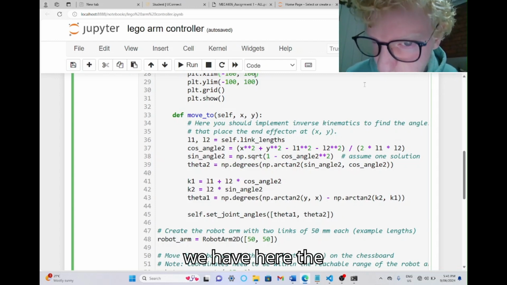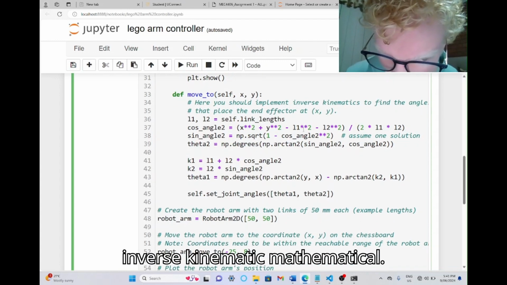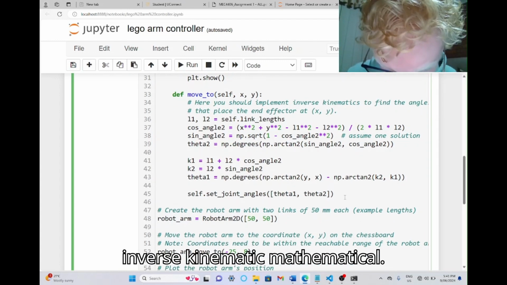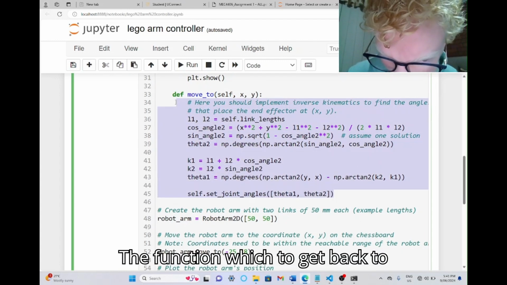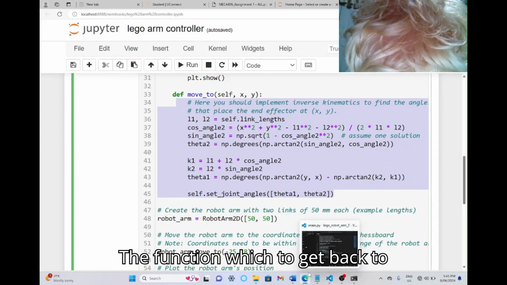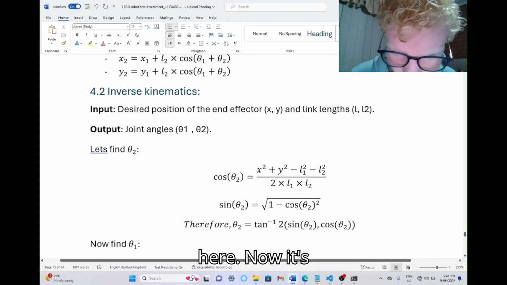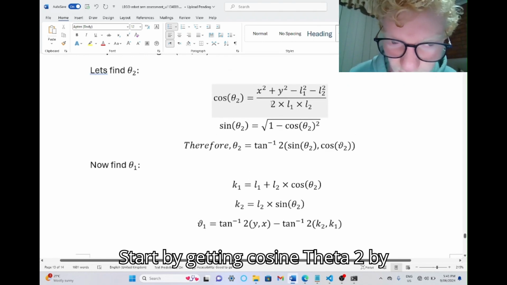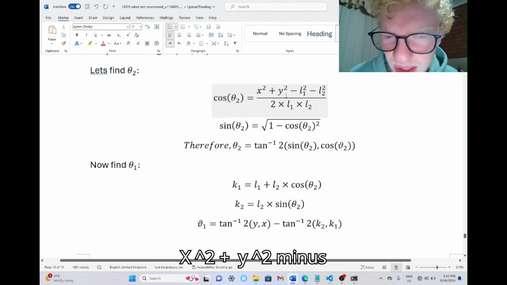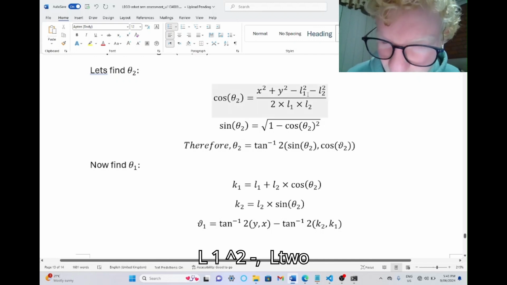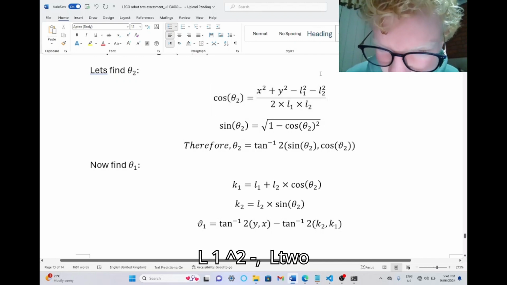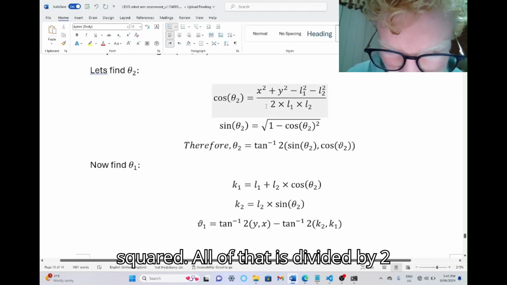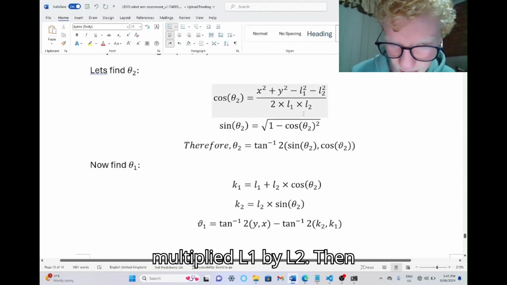Then we have here the inverse kinematic mathematical function, which, to get back to here, basically how it's calculated: we start by getting cosine θ2 by x squared plus y squared minus L1 squared minus L2 squared, all of that divided by 2 multiplied by L1 multiplied by L2.